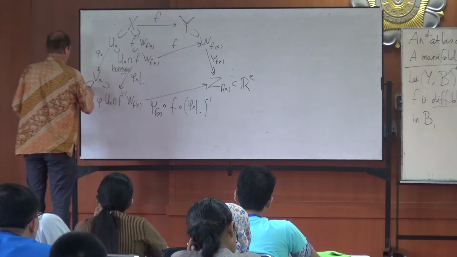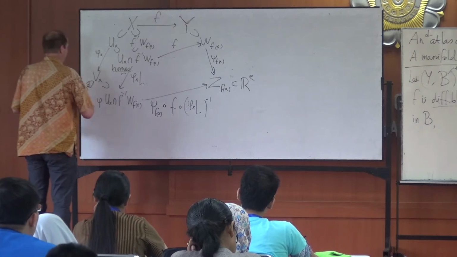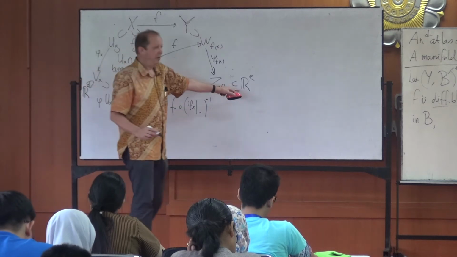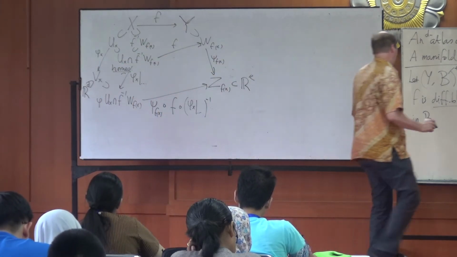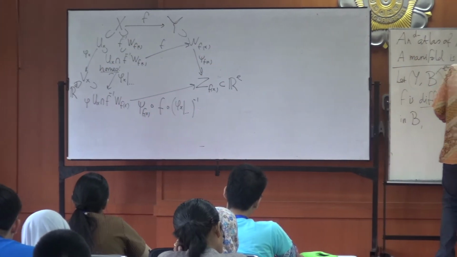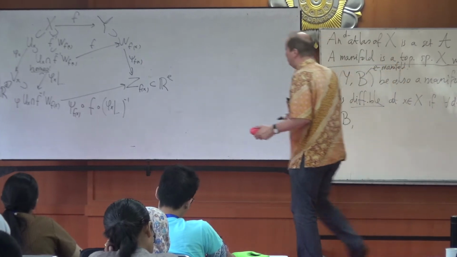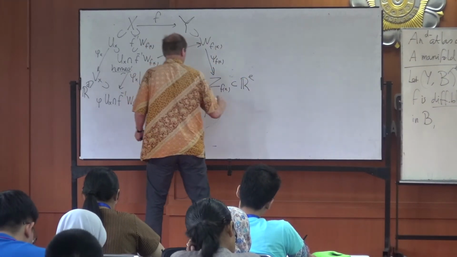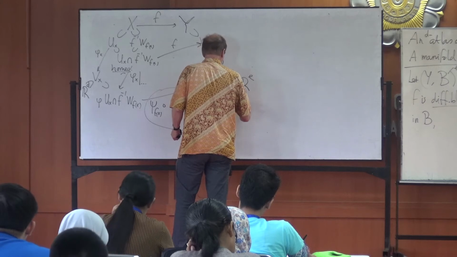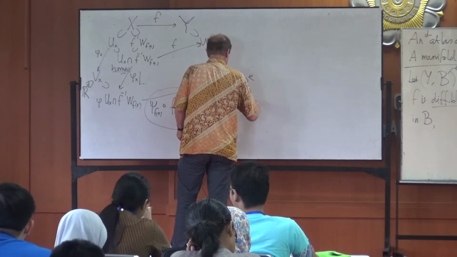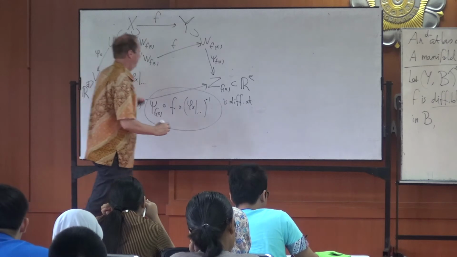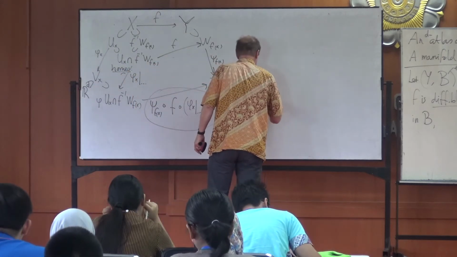This is an open subset of R^d, so this is contained in R^d, it goes to R^e. So it is differentiable. I want this map to be differentiable at the point where x goes, at phi_x of x.